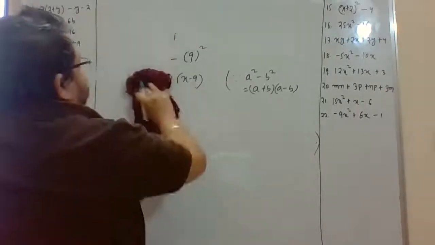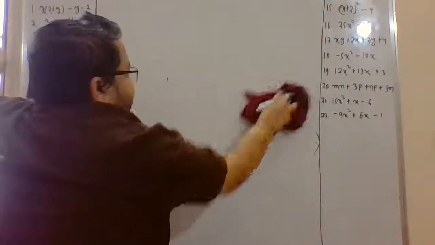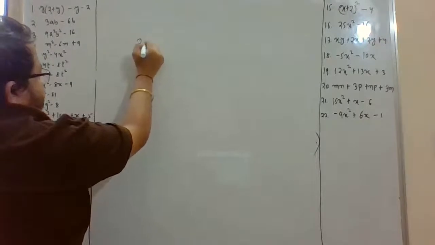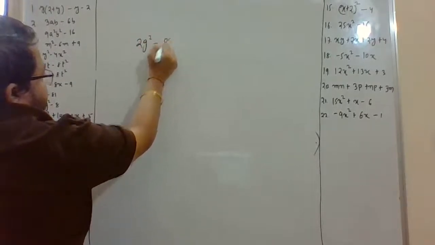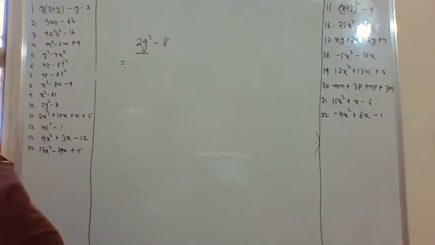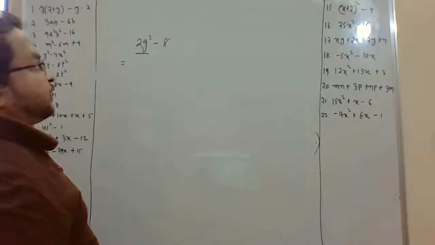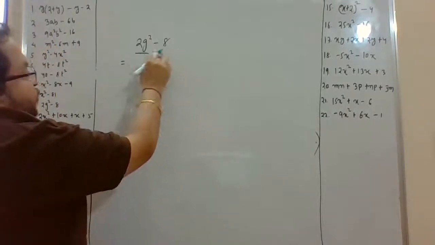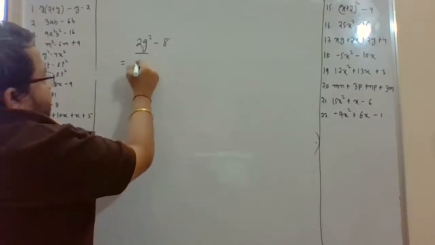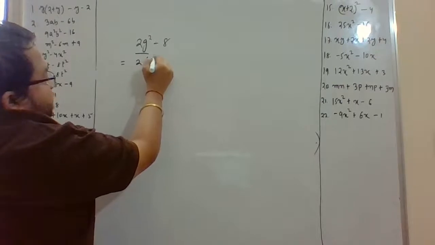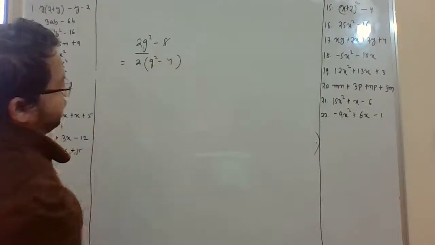Yeah. So the next one is 2g squared minus 8. Again, very simple. This term has got a variable, and that is a square, and then the other term is just a whole number. So obviously, first thing you should do, there's a common factor. So eliminate the common factor. So if you eliminate the common factor 2, you get g squared minus 4, right?